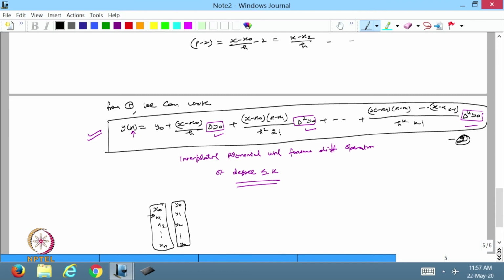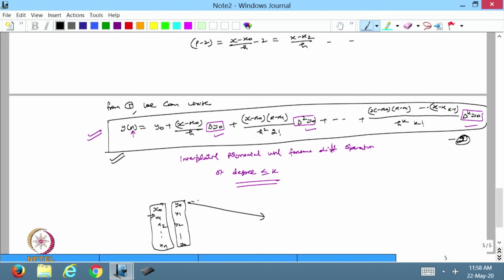If I want to approximate the value at x somewhere between x naught and x1, then using the finite difference operator I can use all the values, because from the previous lecture we know the differences go up to the kth finite difference. So, I can use all these values and my approximation will be better.